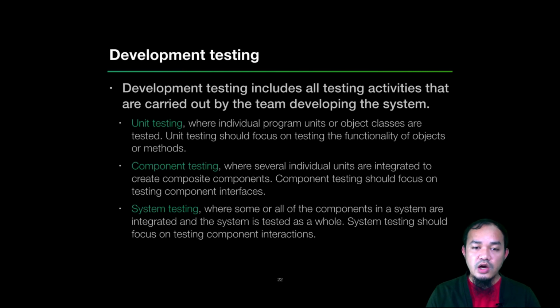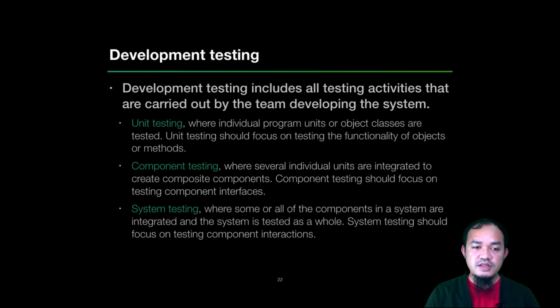Because right now most code is written based on coding to an interface. They provide just the interface to you, and then when you want to use that code, you call the interface and use it. If you want to test that component, we have to use component testing. Or if you are developing a huge or large system, it is better to develop using components, and then we have to test whether each component works well or not.